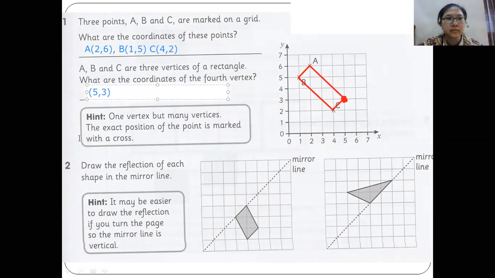Okay. Number 2. Draw a reflection of each shape in the mirror line. So let's see. This is a diagonal mirror line. How do we draw the reflection? Remember, the distance of the point must be the same. So look at this point.